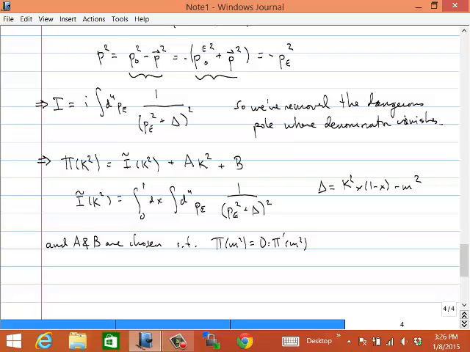Okay. So the first thing that we should notice when we study this integral is that it's still divergent. This integral is still logarithmically divergent because you have an integral d4p over p to the fourth. So how can we adjust this?